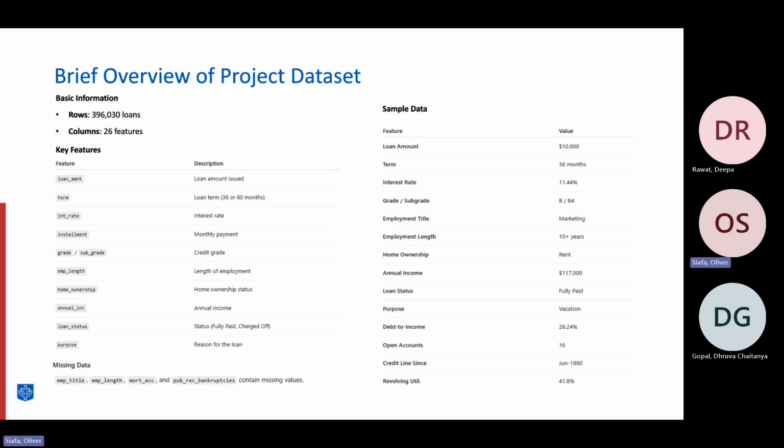They might have about $10,000 as a loan amount for a term of 36 months with an interest rate of 11.44%, and the grade of the loan might be B, or B4 for the subgrade. They've been working in marketing for about 10 plus years, and they don't own but rent. That means they don't have a mortgage. You'll see why that's important later. They have an annual income of about $117,000.